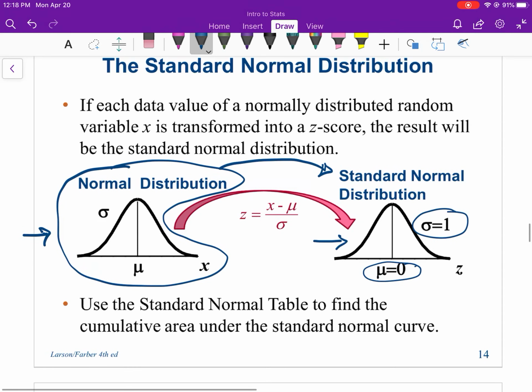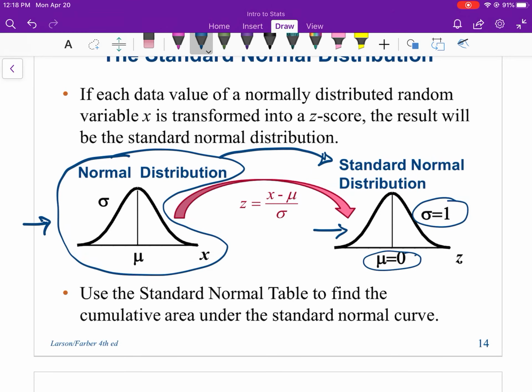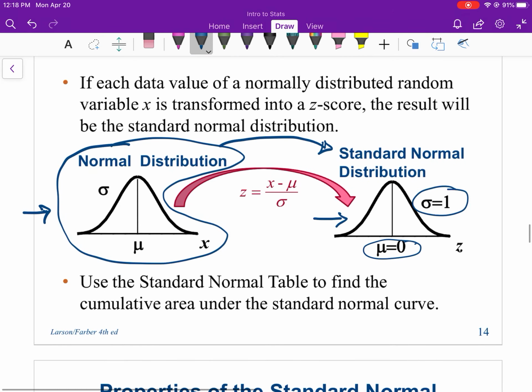From here, we can use a table to find the cumulative area under the curve. Remember, all of the area under the curve is an area of 1. So you're going to be given a particular z-score and asked to find its area.